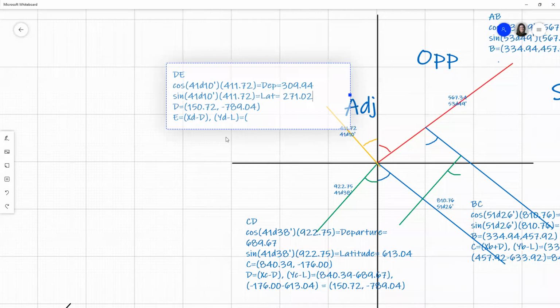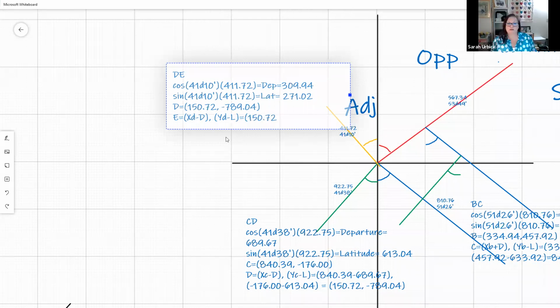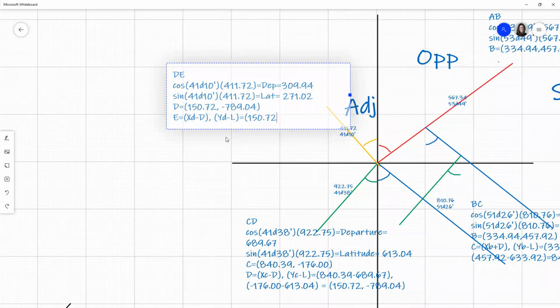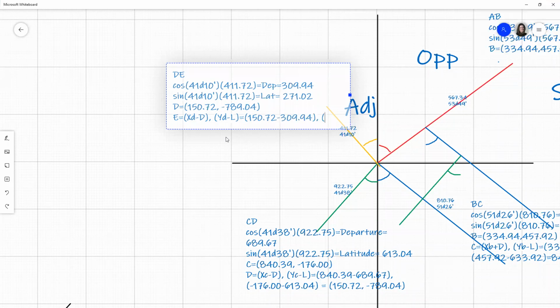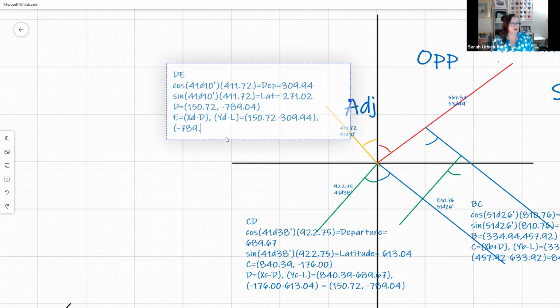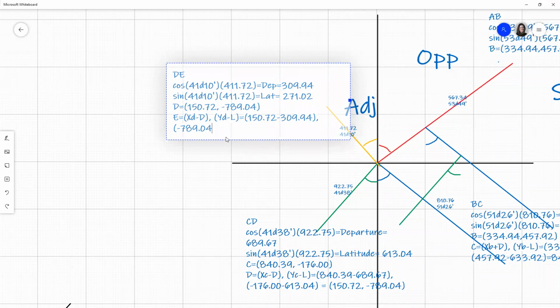So here I'm going to have my 150.72, which is my x coordinate at point D. My x coordinate is going backwards, so I'm going to subtract 309.94. The other part of my component is minus 789.04, but it will be plus 271.02 because I'm going up.